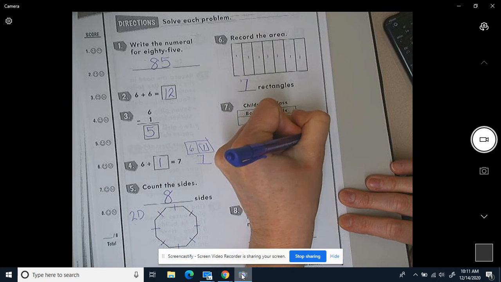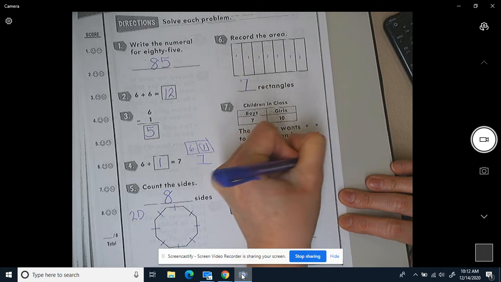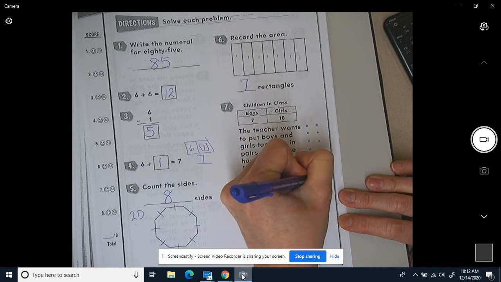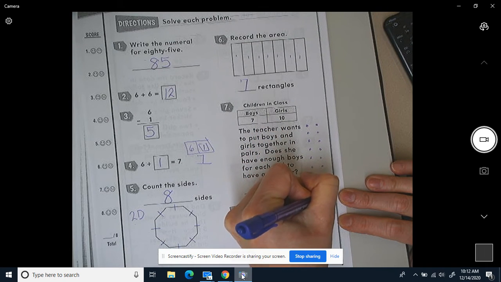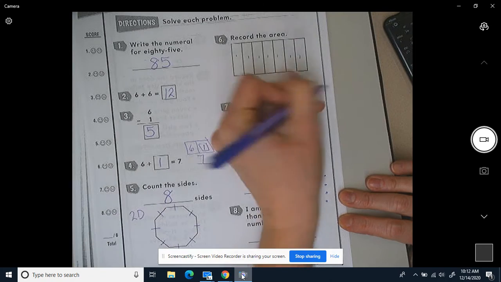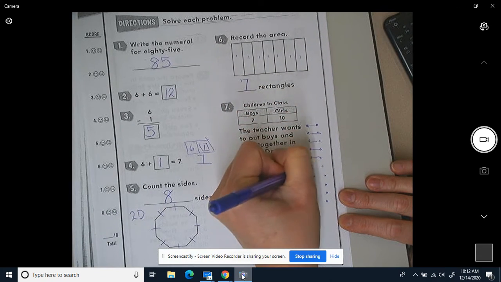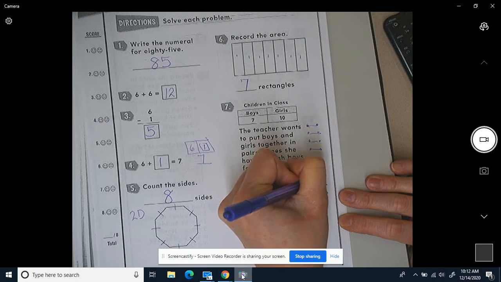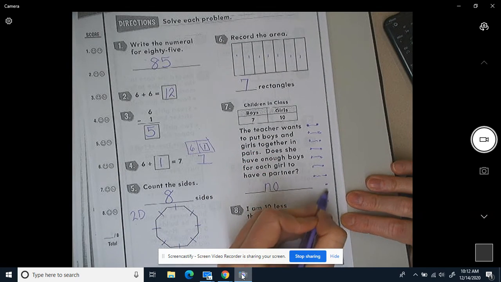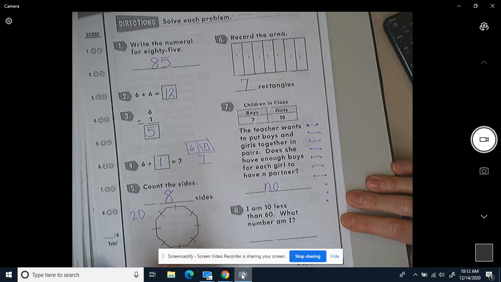So I'm going to go 1, 2, 3, 4, 5, 6, 7, 8, 9, 10. I'm going to match up my partners. And as you can see, we have some girls without partners. How many don't have partners? 1, 2, 3 of them don't.